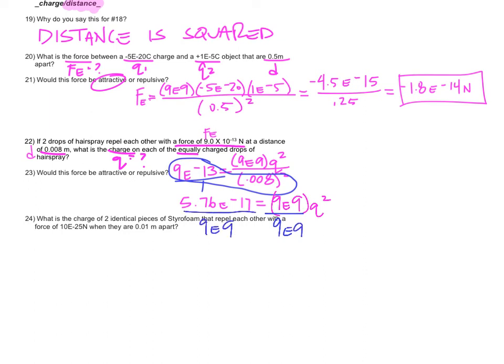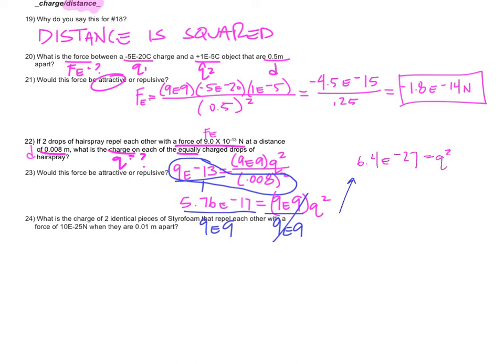And I apologize for going into the next problem. Hopefully you have a little bit more space. So when I divide those two, this is going to cancel out. And so now I've got on the left 5.76e negative 17 divided by 9e9. And when I divide those two out, I get 6.4 times 10 to the negative 27. That equals q squared.